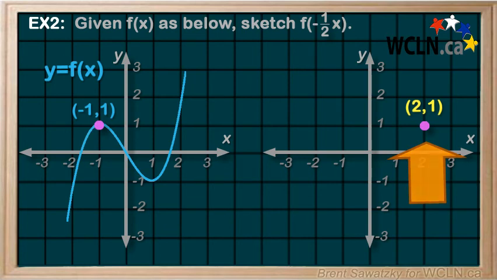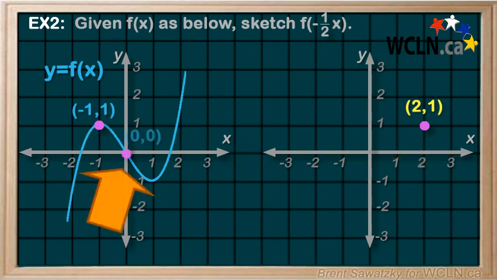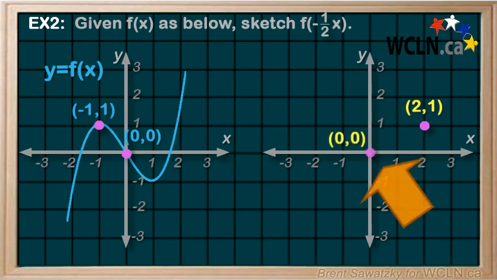First point down. Next, let's look at this point here on the origin. And again, the y value stays the same, and the x value is expanded by -2. So we multiply the x value by -2, and 0 times -2 is 0. So this point stays the exact same, right at the origin.